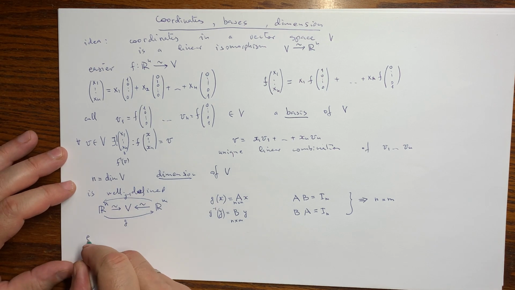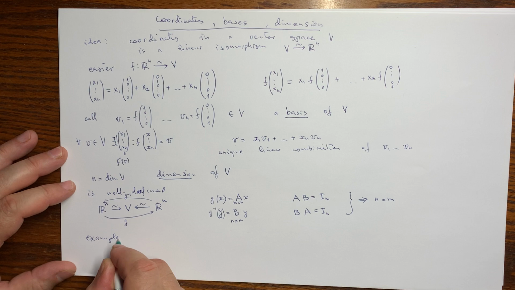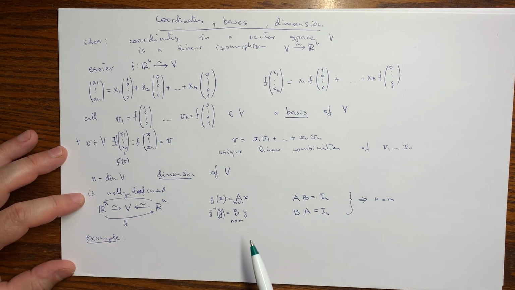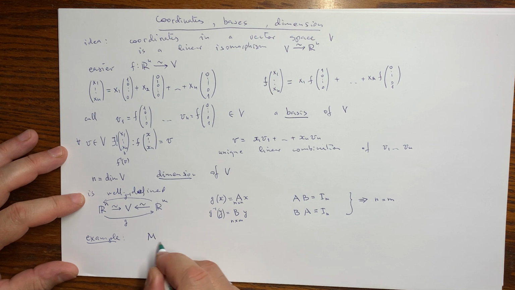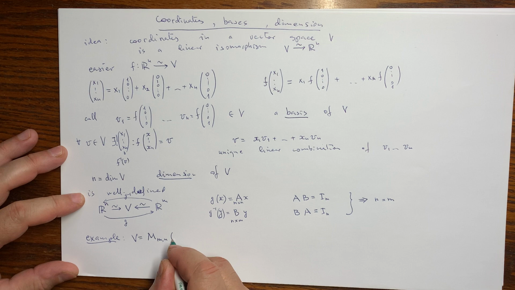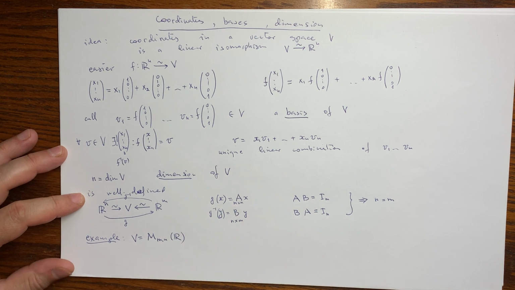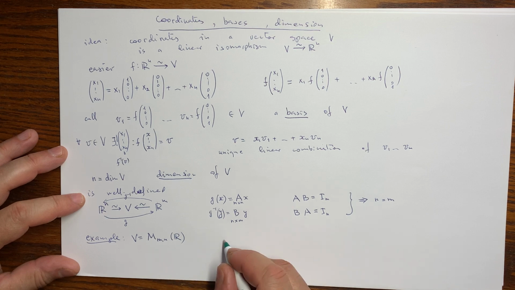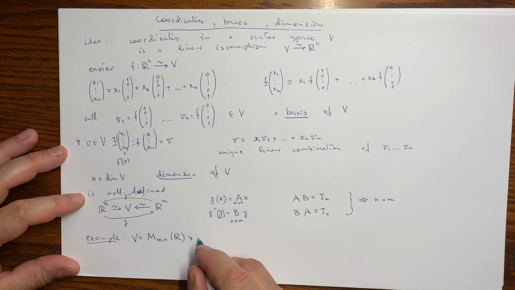So just an example of calculating dimension, finding a basis. Let's look at the space of matrices of size m by n. A matrix is a vector here, an arbitrary vector.